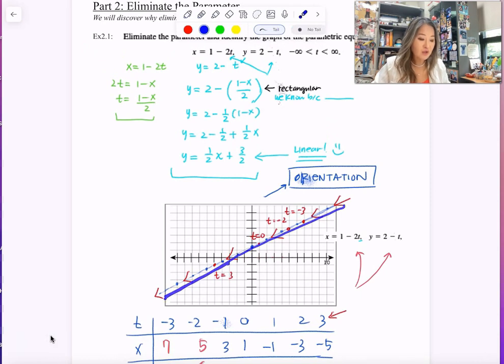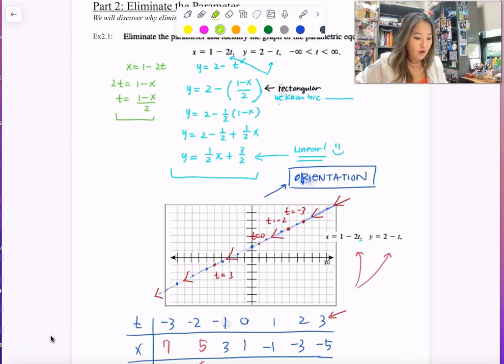Because that's the direction that we graphed, right? But actually, it's going this way. So that's going to be the fun part of parametric equations, okay? So now, do you see the power of eliminating the parameter? You should be able to see the power of that. And do you see the power of the orientation? Those are the two things that are really cool about parametric equations.